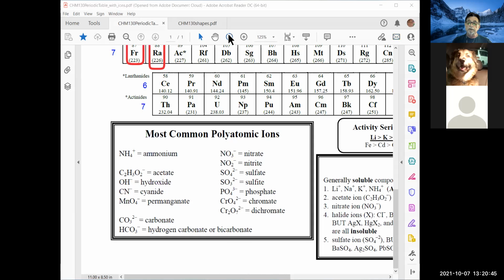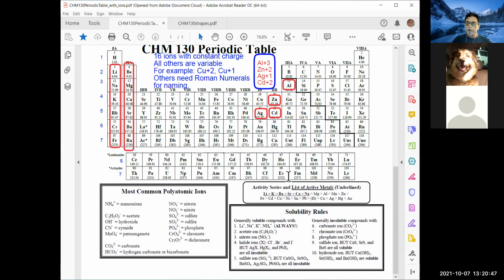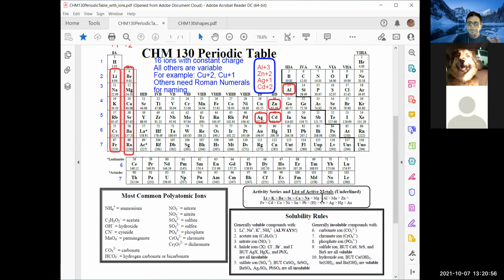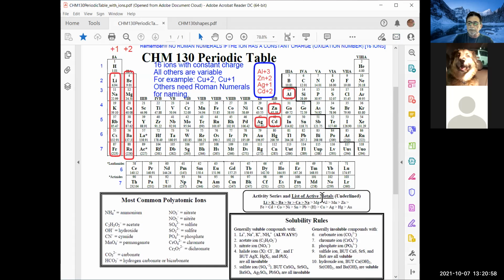Now, let's go back to the full periodic table. Notice how I marked up my periodic table, and you're more than welcome to mark yours up. In the first column, the group 1A column, I did not encompass hydrogen because hydrogen is not a metal. I'm just talking about the metals right now.